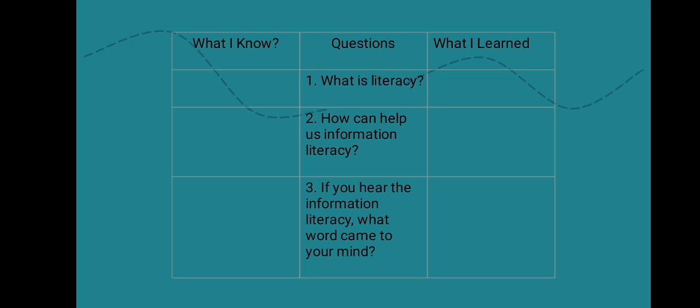So, lastly, number 3 is, if you heard the information literacy, what word came to your mind? So, ano yung naiisip mo kapag na-encounter mo yung word na information literacy? So, I need you guys to answer the what I know box before we continue to our topic. Okay? Okay, so sasagutan yung what I've learned box after ng ating discussion or after masagutan yung mga activity mamaya.